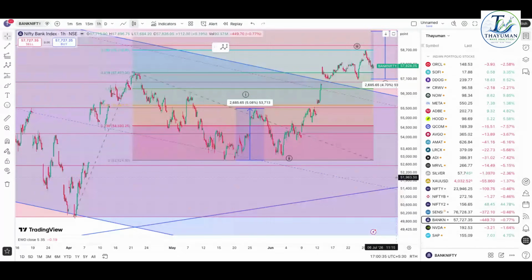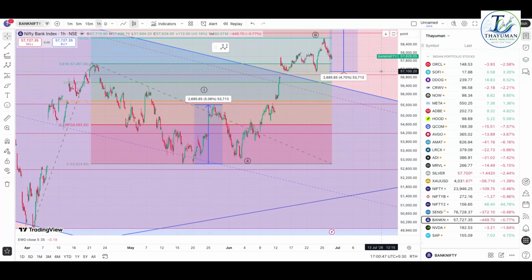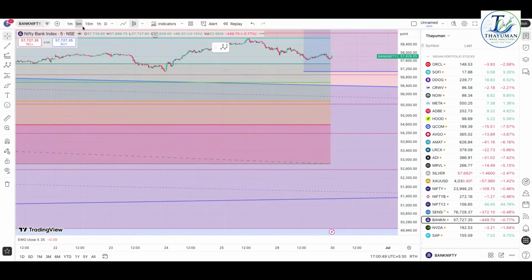So here in Nifty Bank, if you see 1 and 2, and then 3 is over, and 4 is still running, is my opinion. It's my inclination at the moment.